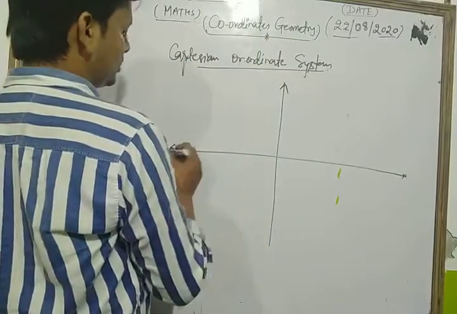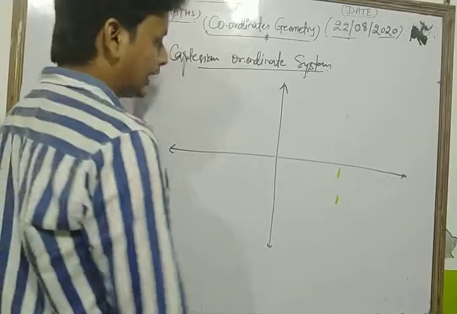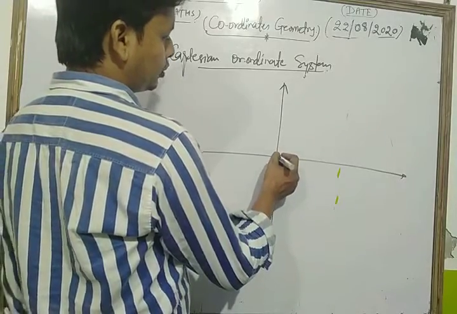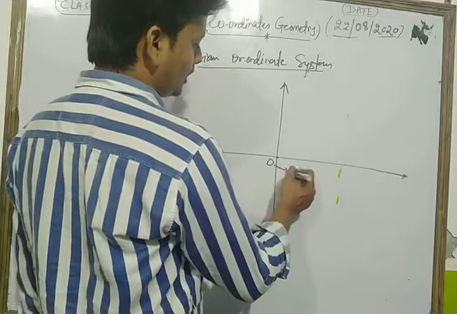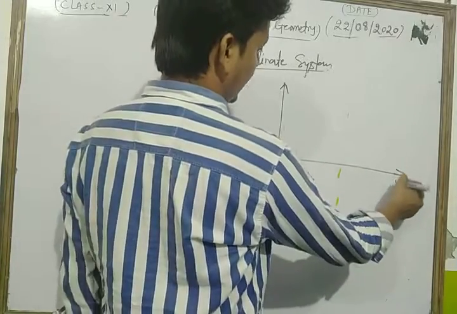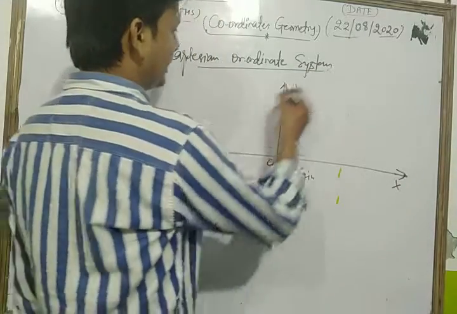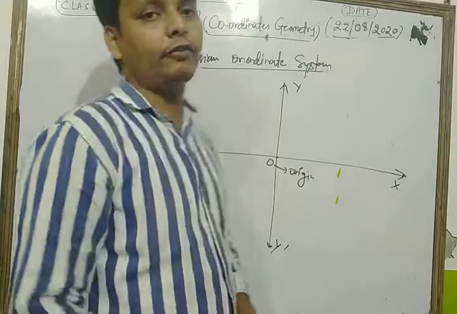In the Cartesian coordinate system, dear students, we draw two mutually perpendicular lines, and the point of intersection of these two lines, O, is known as the origin. And the lines are called x dash, x, y and y dash. You know that very well.